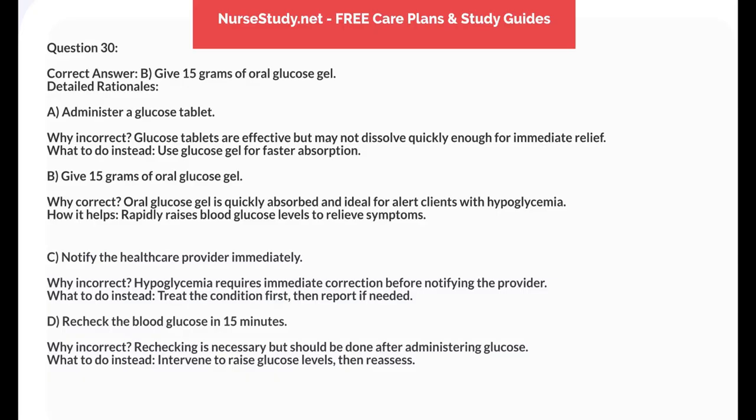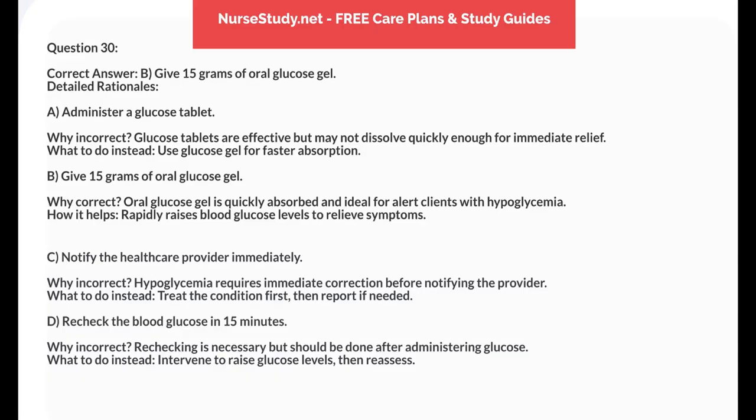Detailed rationales. A. Administer a glucose tablet. Why incorrect? Glucose tablets are effective but may not dissolve quickly enough for immediate relief. What to do instead: use glucose gel for faster absorption. B. Give 15 grams of oral glucose gel. Why correct? Oral glucose gel is quickly absorbed and ideal for alert clients with hypoglycemia. How it helps: rapidly raises blood glucose levels to relieve symptoms.